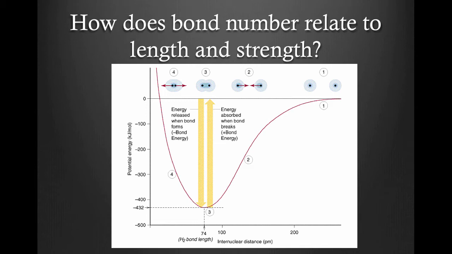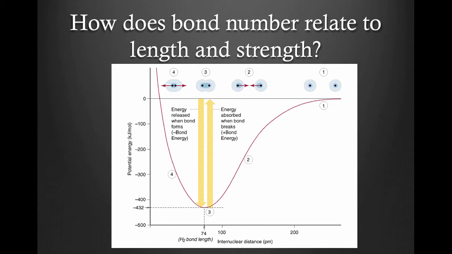So if you look at the trough, the very bottom part of that graph, you'll see that diagram 3 shows the ideal bond length, the length at which the repulsions are minimum and the attraction is maximum. And we know that because that releases the most amount of energy. As soon as the nuclei get too close together, like in 4, we see that there's less energy released. So that's a less stable state.